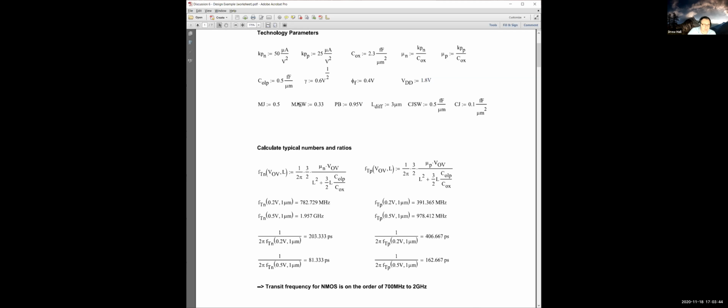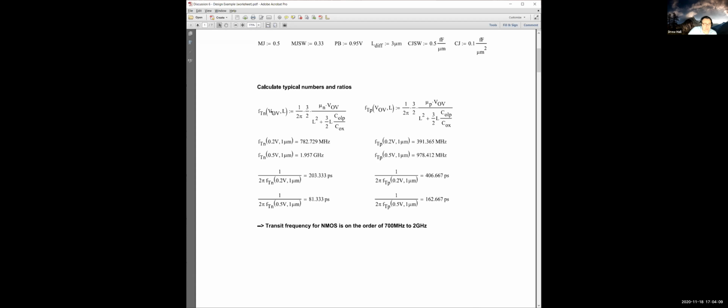I've also put in a few other numbers in terms of the junction diodes relative to their coefficients. You may or may not need to do these. I would say for your project, it's probably not necessary to go to this extreme of calculating CSB and CDB for the transistors.